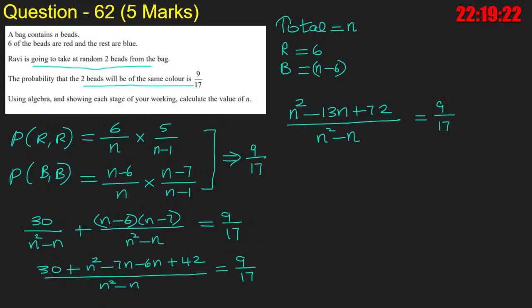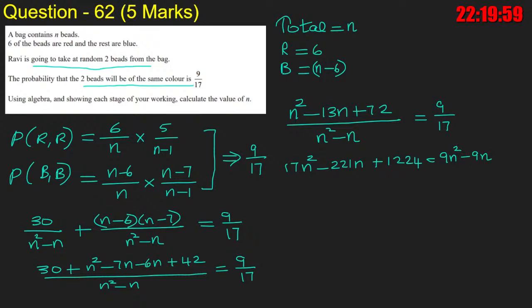Cross multiply: 17n squared minus 17 times 13, which is 221n, plus 72 times 17, which is 1224, equals 9n squared minus 9n.